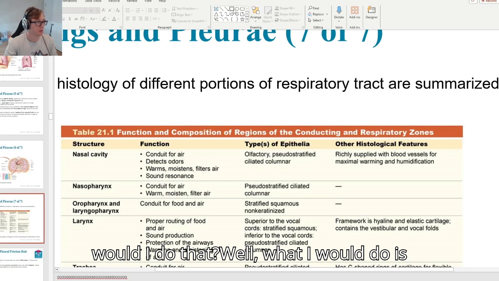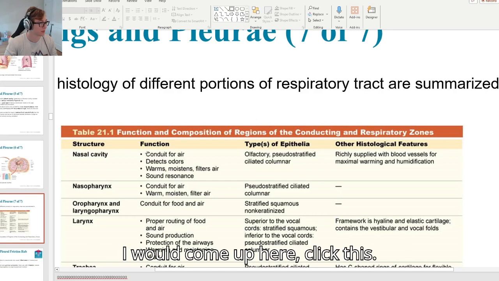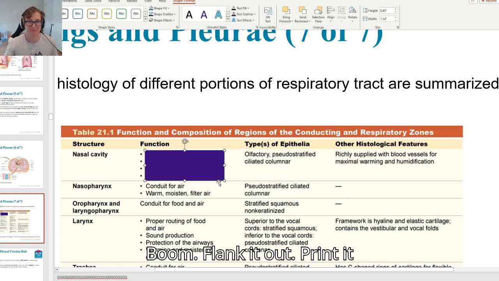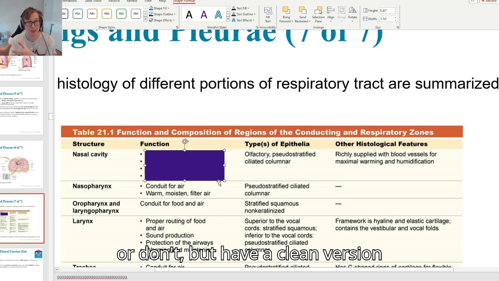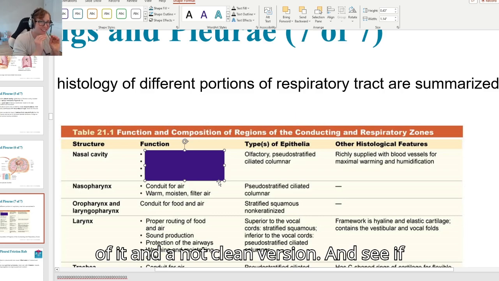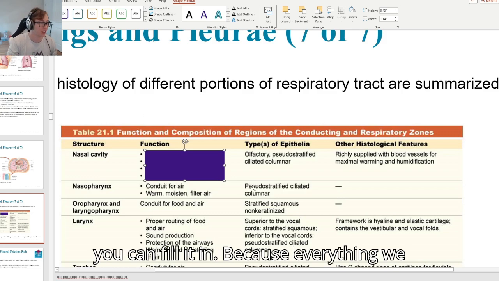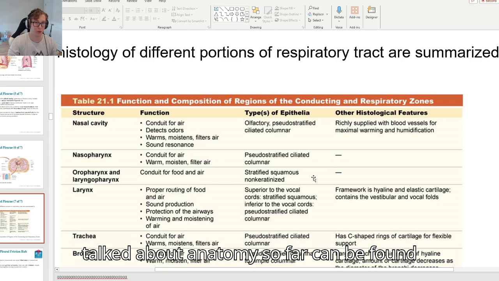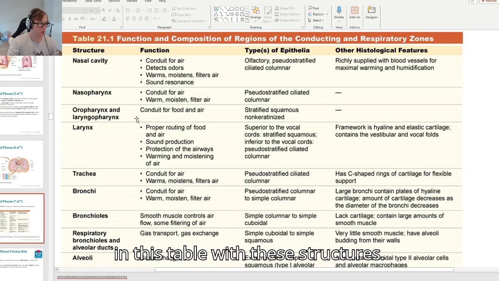Well, what I would do is I would come up here, click this, boom, blank it out, print it, or don't, but have a clean version of it and a not clean version, and see if you can fill it in, because everything we talked about anatomy so far can be found in this table with these structures.